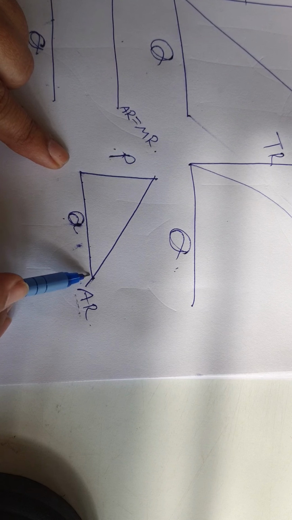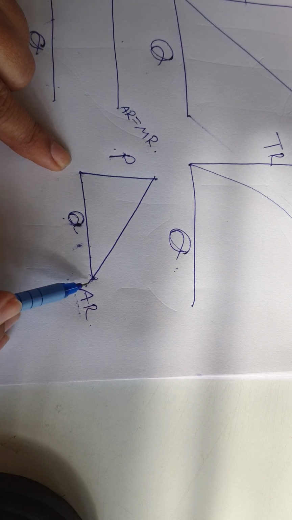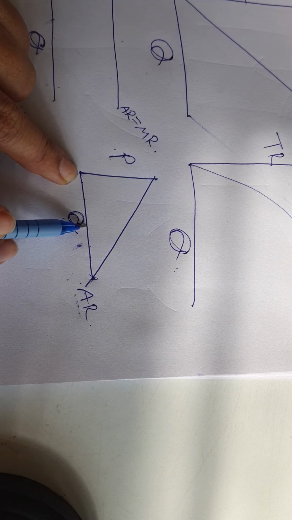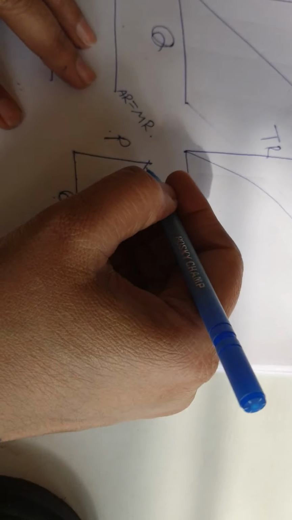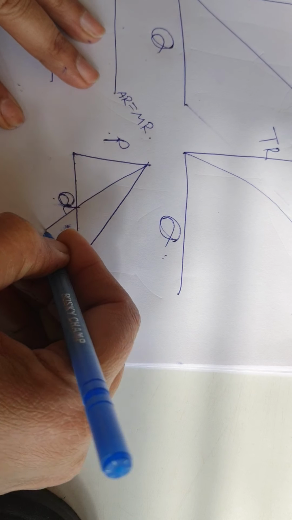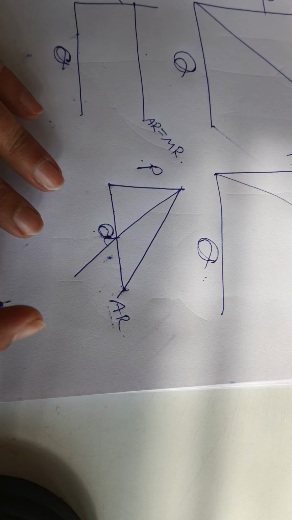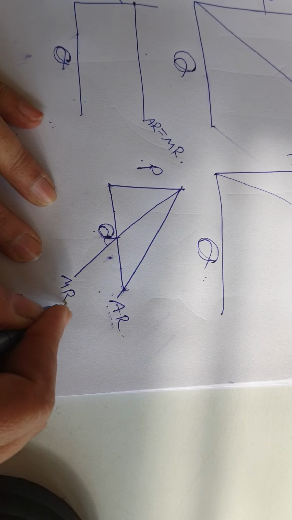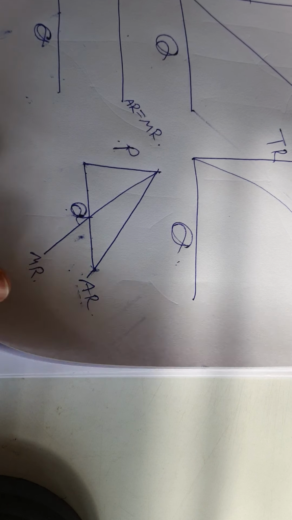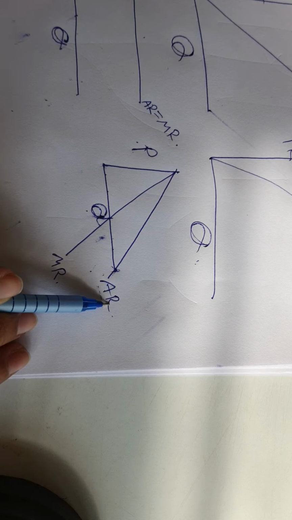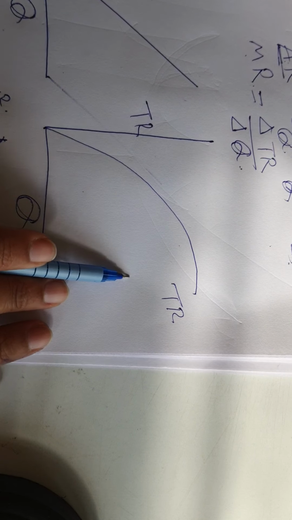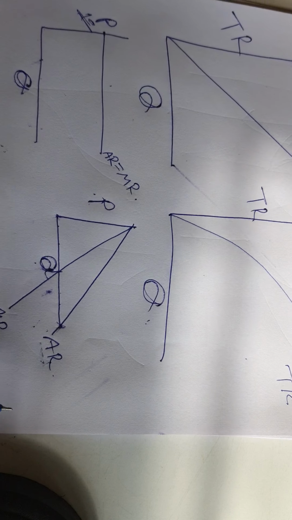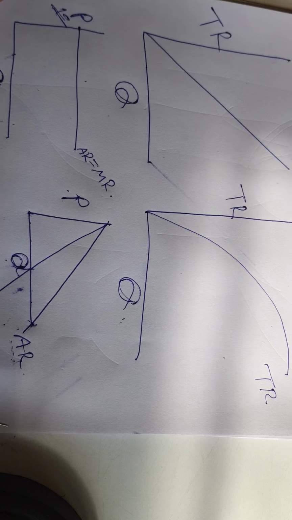You find the midpoint of this line, I mean the center point of this line. This is the center point, and you draw this line here, and here is your marginal revenue curve. So in this way you will draw average revenue and marginal revenue. This is your total revenue. So these are different types of revenue curves.